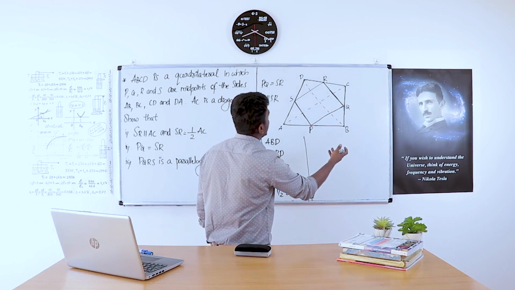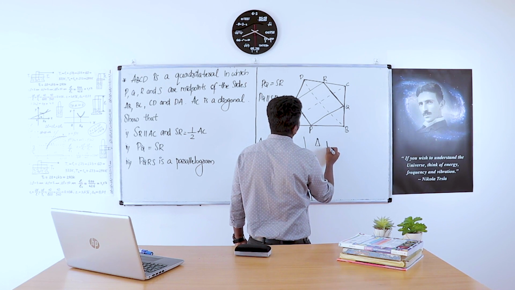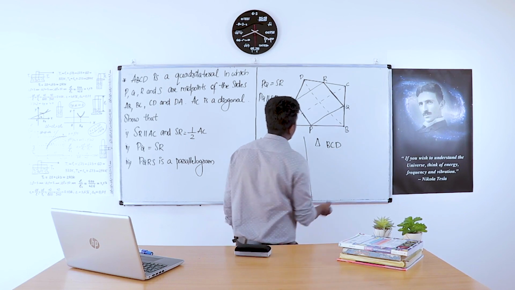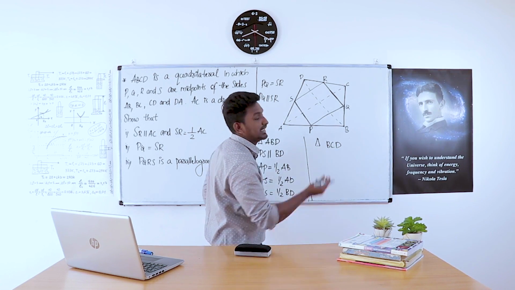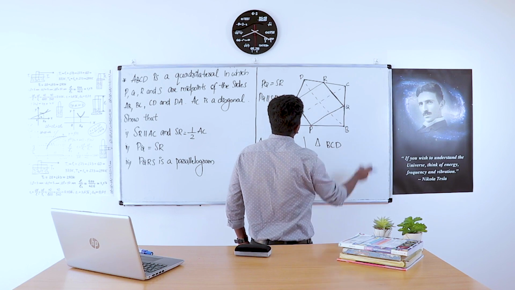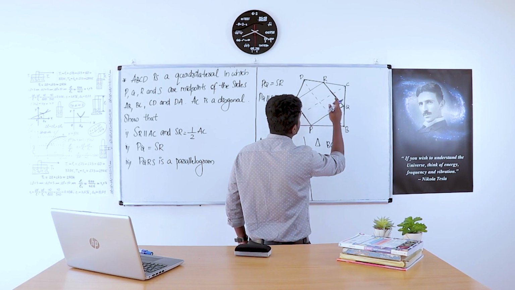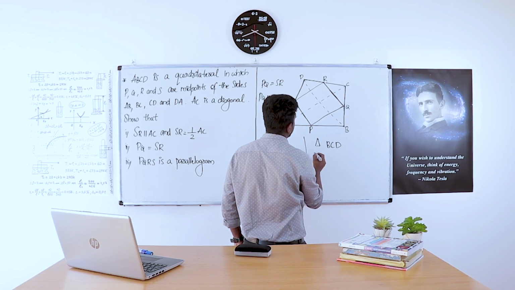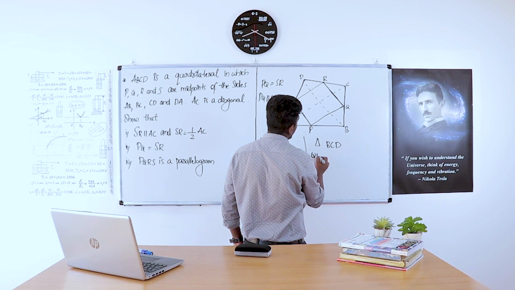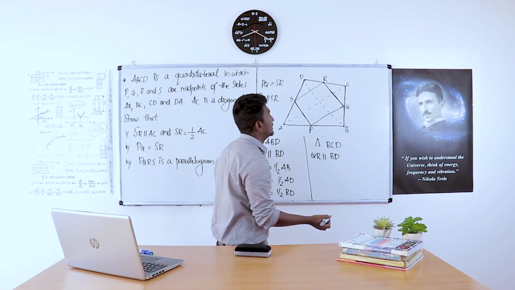Now consider the triangle on the other side, that is triangle BCD. It is clear that Q is the midpoint of BC and R is the midpoint of CD. When we join Q and R, this should be parallel to the third side, that is QR parallel to BD.